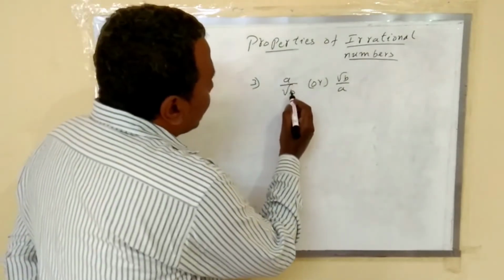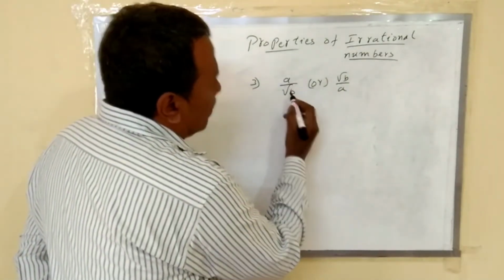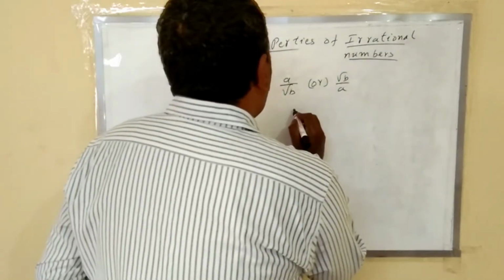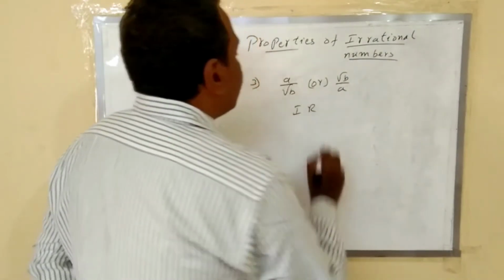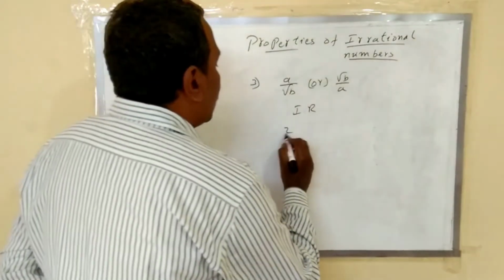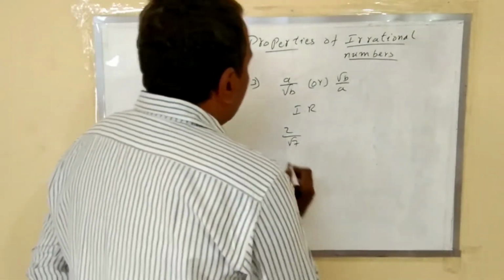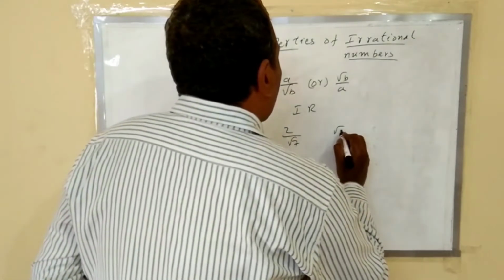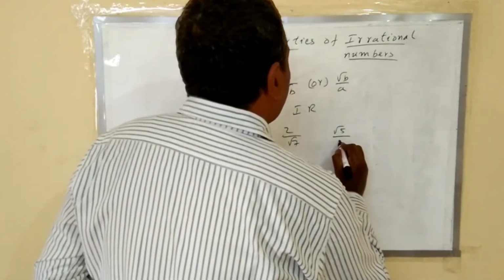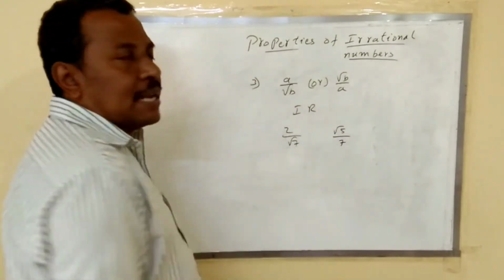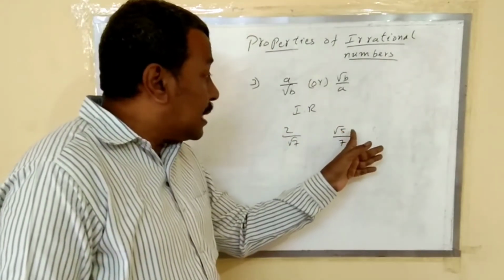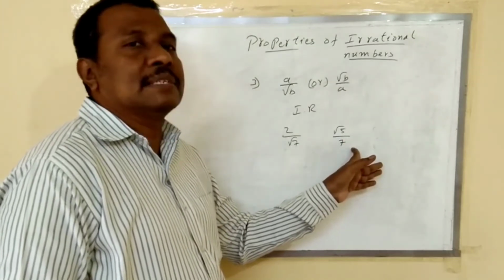So a by root b, a rational number by an irrational number, or an irrational number by a rational number, is always an irrational number. For example, 2 by root 7: 2 is a rational number, root 7 is an irrational number. And root 5 by 7: root 5 is an irrational number and 7 is a rational number.